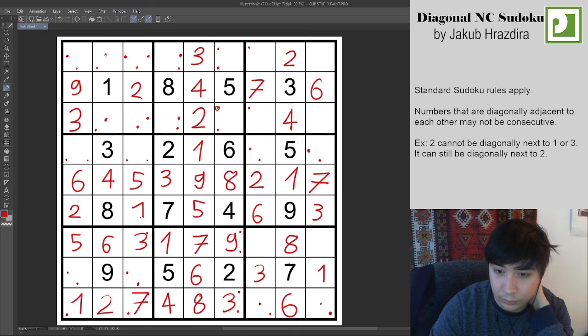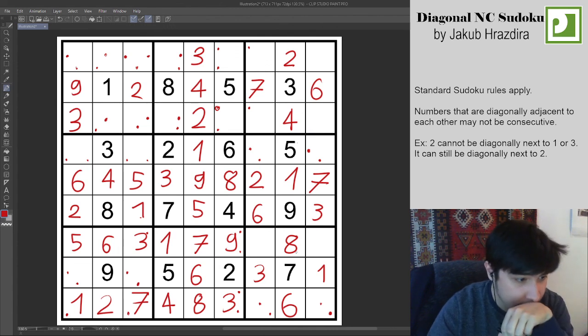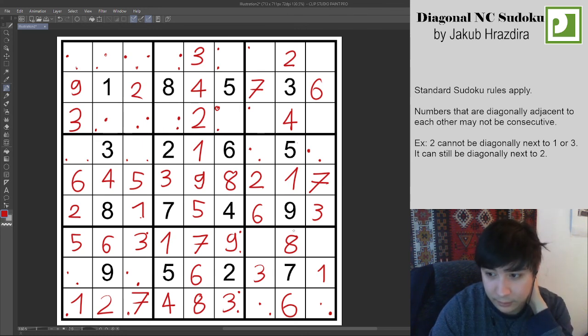And then we have 2, 4 missing. Nothing resolvable through diagonals again. Oh, but it's just regular Sudoku.